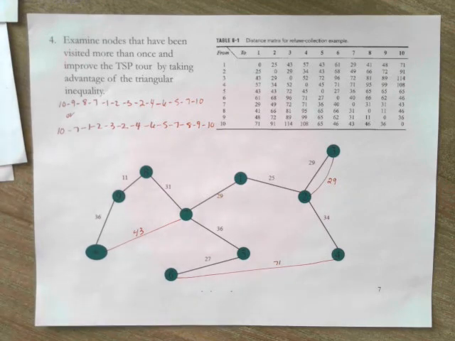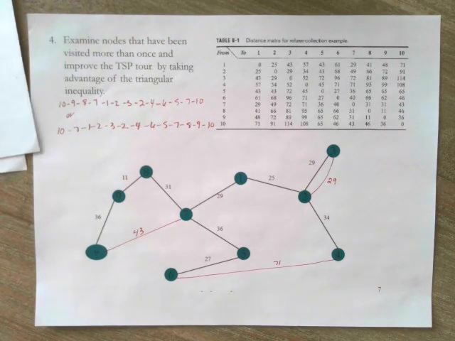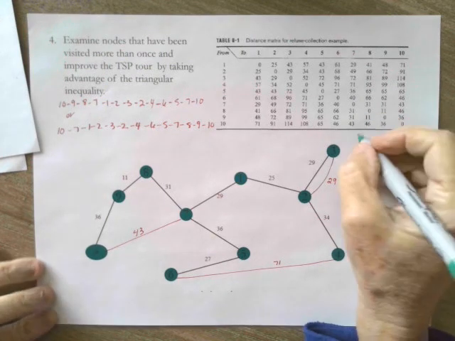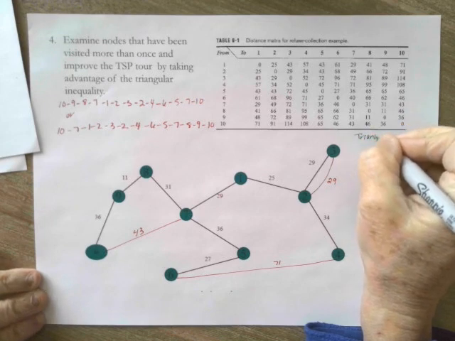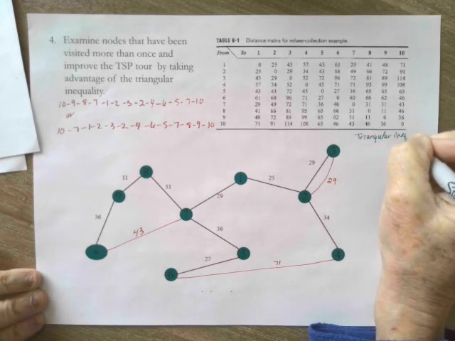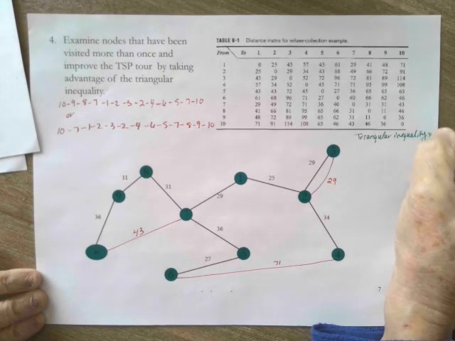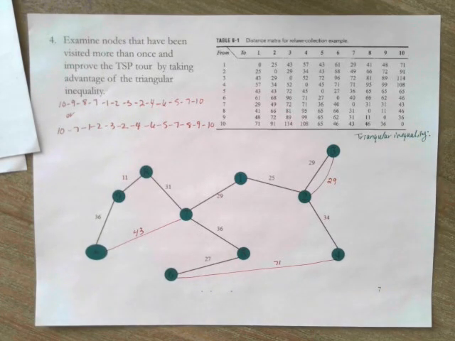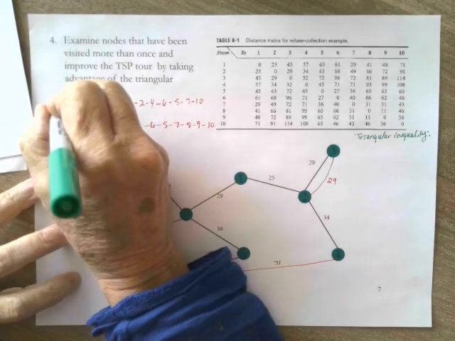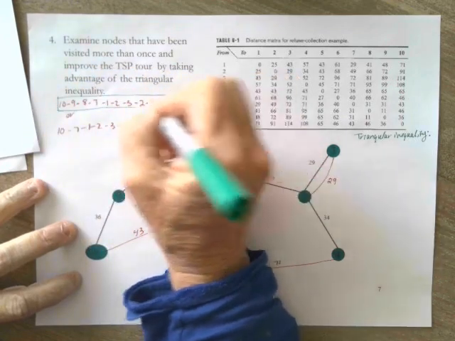Okay, so in this step, we're going to use something called the triangle inequality. You could look at this step as an improvement step. Remember, right now we've got 401 total. Let's use the top tour as my example.